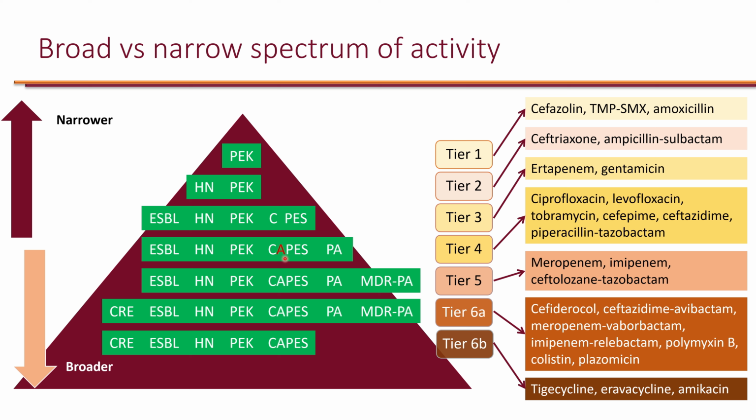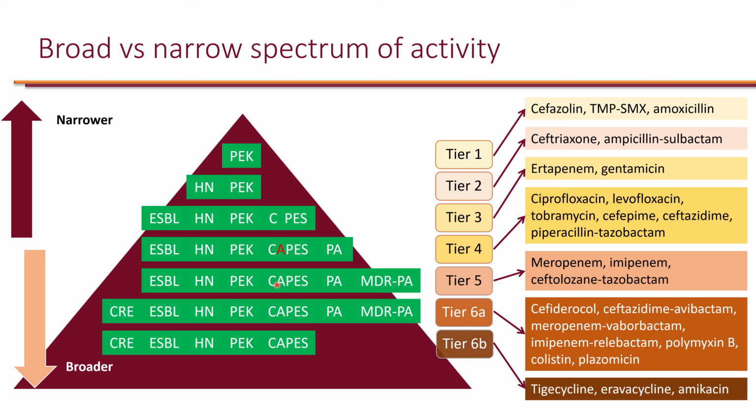One thing I want to mention about Acinetobacter. Acinetobacter is also an organism that can easily develop resistance to multiple classes of antibiotics. So I mentioned that tier 3 doesn't have activity against Acinetobacter. Now in tier 4, depending on the agent, it may or may not have activity against Acinetobacter.